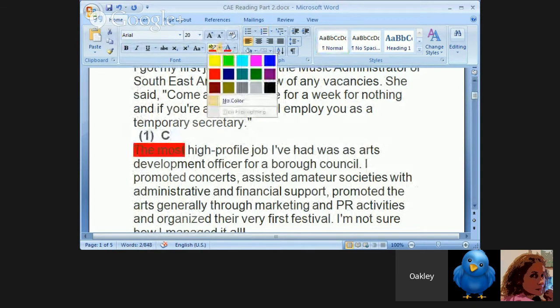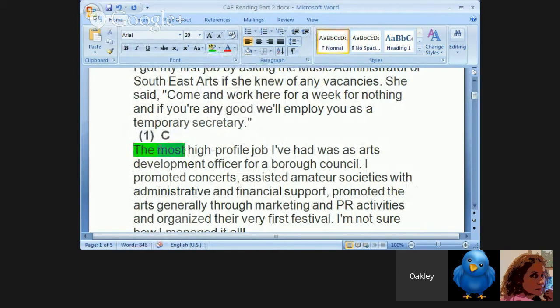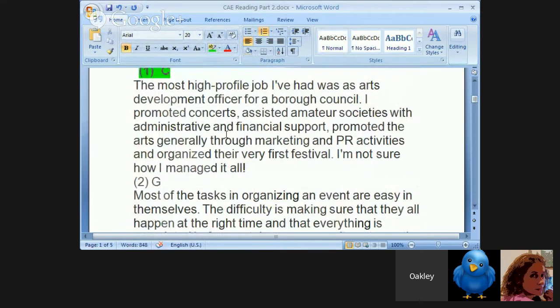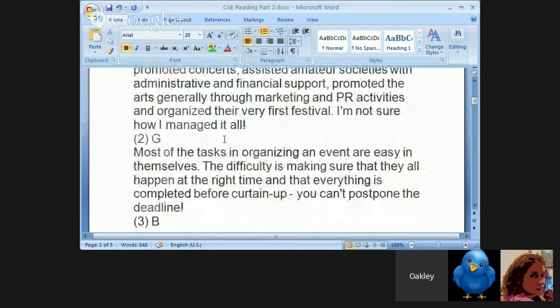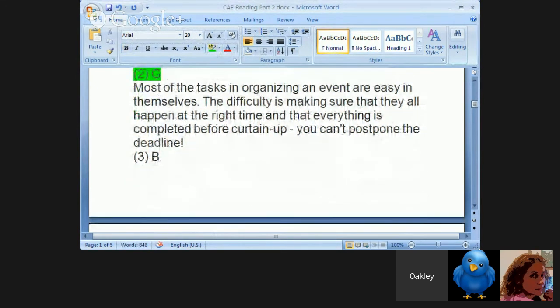Yes, we got that one. That one is correct. 1 is C. Correct. 2, G. What do you think? Correct or not correct? It's a good start, indeed. 2 is G. It is correct. Okay. It is G. That is the correct answer.